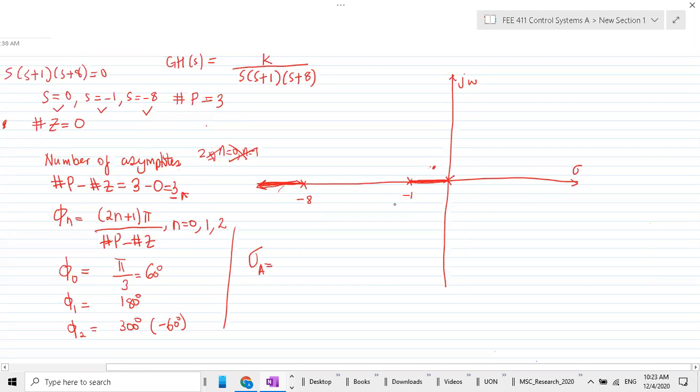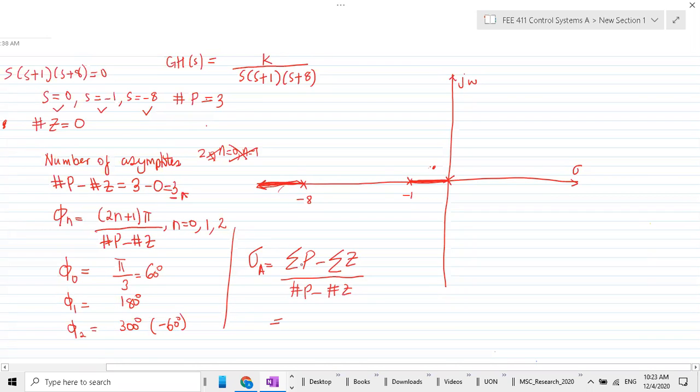Centroid. We need to find a place somewhere on the real axis where we can draw these 60 degrees, 180 and 300. So we use the centroid. The centroid is the sum of poles minus the sum of zeros, divided by the number of poles minus the number of zeros. So the sum of poles is what?